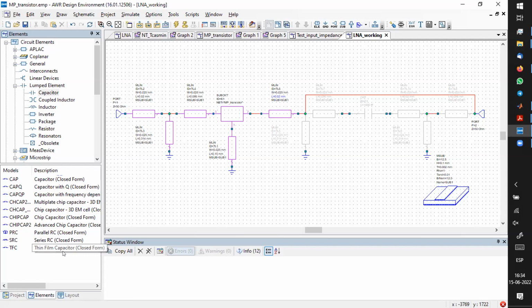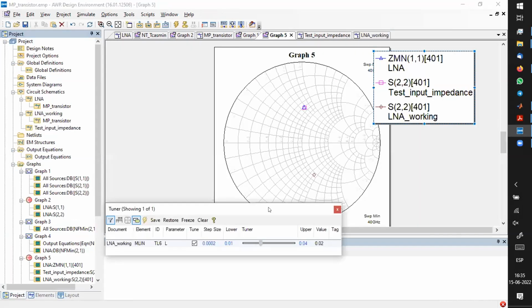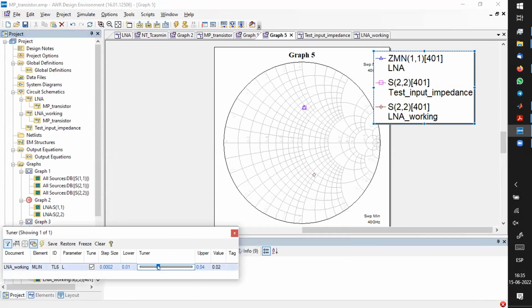Okay, so if you tune it a little. Remember, you must have the short-circuit shunt stub somewhere. So don't go too far away.